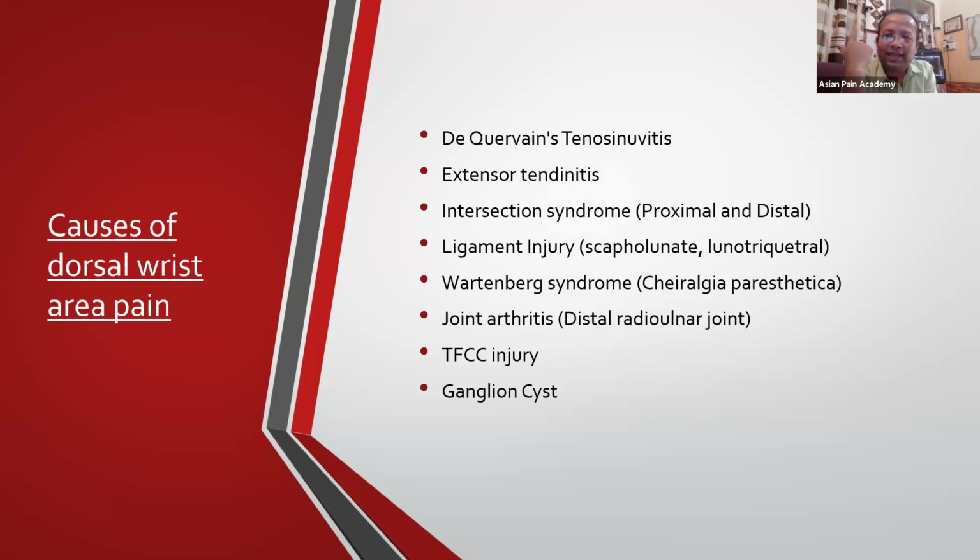Distal intersection is between which tendons? 2 and 3 compartments, sir. Which one is above and which one is below? Above is third compartment, sir. Third, extensor pollicis longus. Yes, EPL is above ECRL and ECRB.